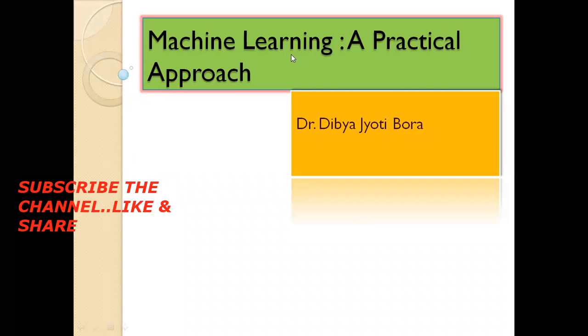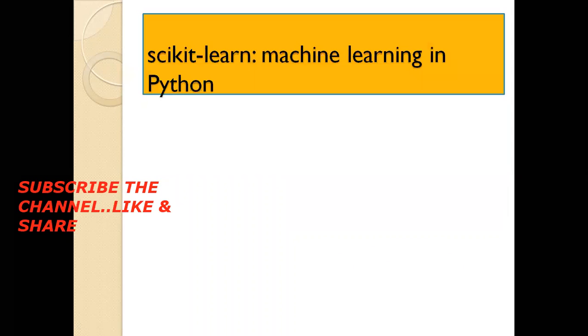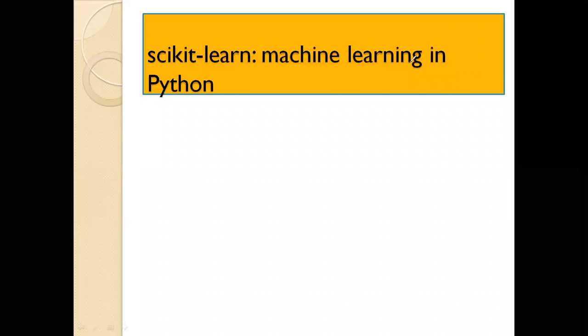Let's begin the lecture. So first of all, before implementing those machine learning algorithms, you should know about one important part of this, that is scikit-learn, or we also call it sklearn. What is that?